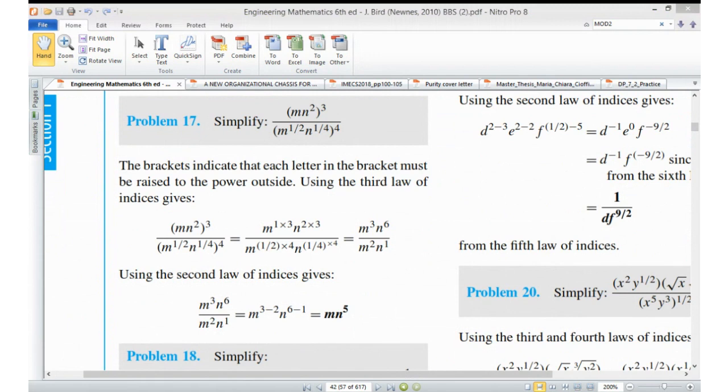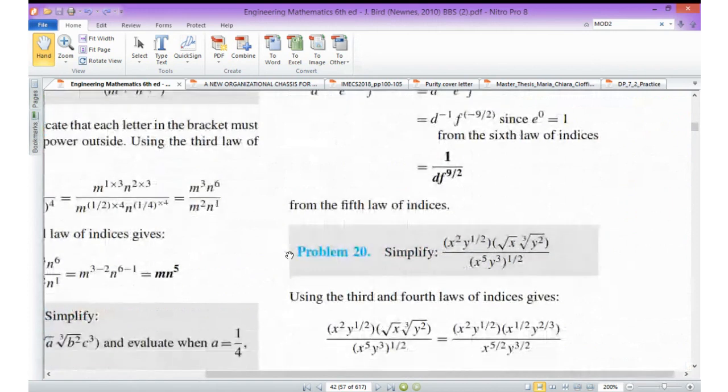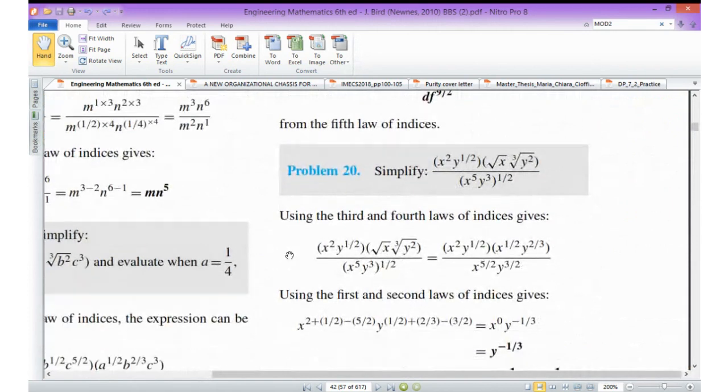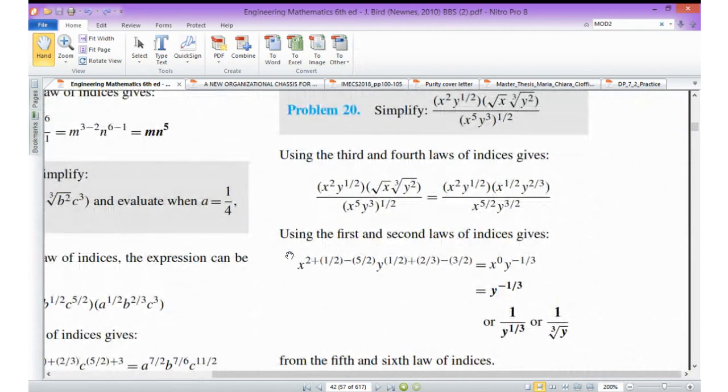Okay, then finally on that set of rules, I want us to look at problem 20, which presents a slightly different scenario.